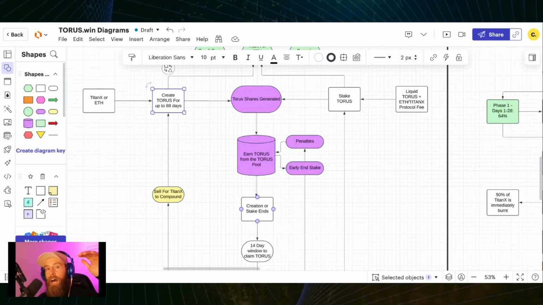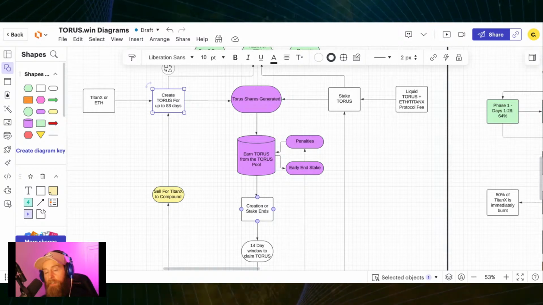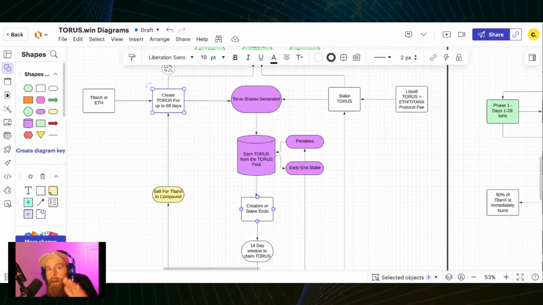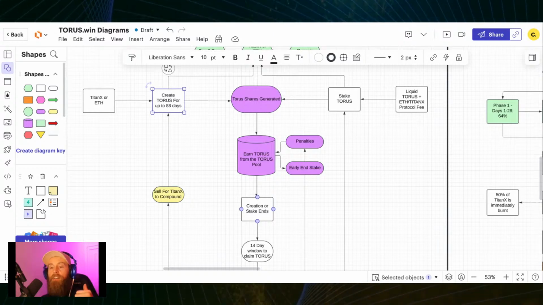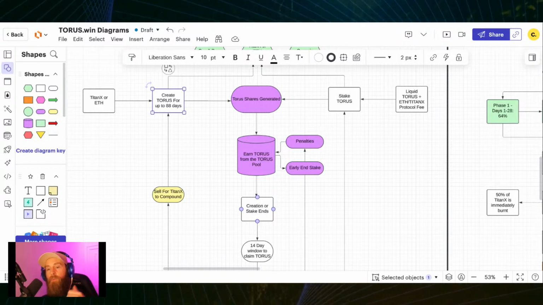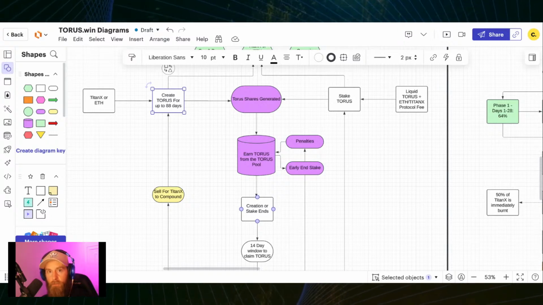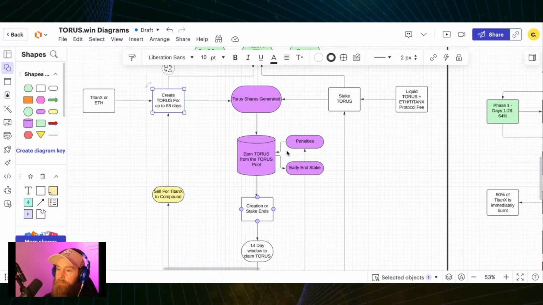If it stays too high above Titan X, eventually it'll come back down because there's going to be so much profit, right? If it gets too low, it's going to come back up because people are going to be buying it up. The ROI will shrink, people will leave, the ROI will go back up, and people will buy on the market cheap to get in for an ROI. And it will constantly be bringing ETH and Titan X into the system.